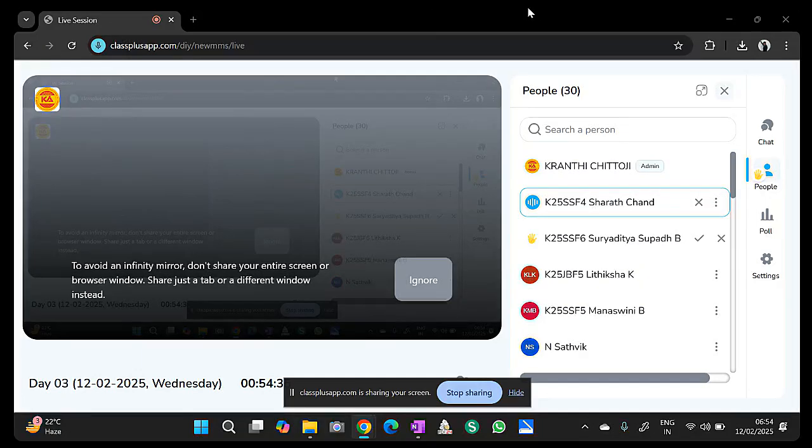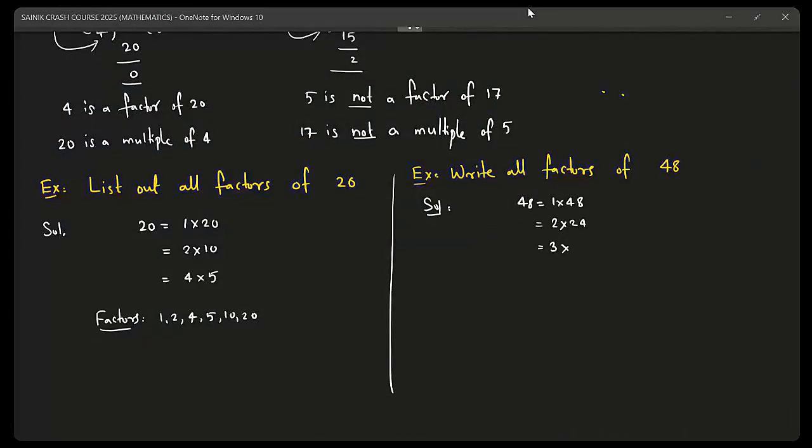Sharath, you want to give answer? Sir, 3 multiplied by which number? 48. Sir, I don't understand. You were there from the beginning of the class? Sir, yes, sir. 48, I am writing as multiples of some number. So, every number is divisible by 1. Can I write 1 into 48? Yes, sir. Then 48 is divisible by 2.